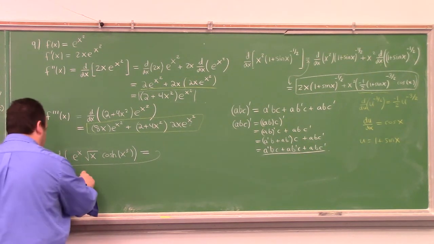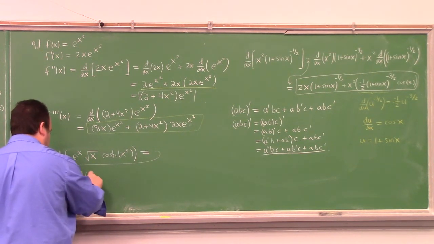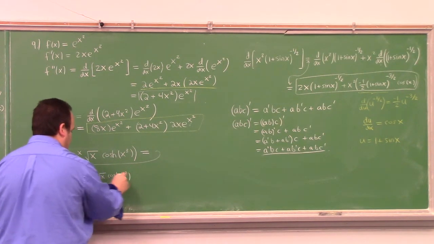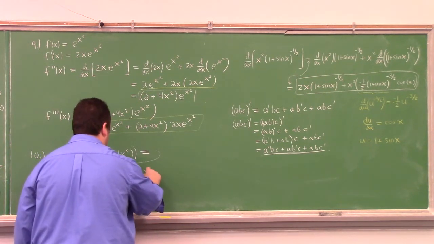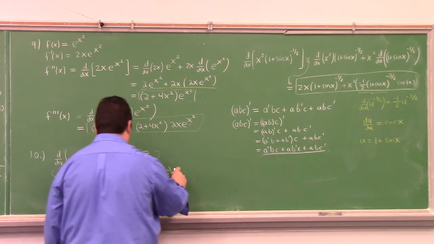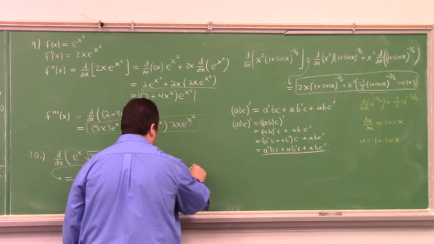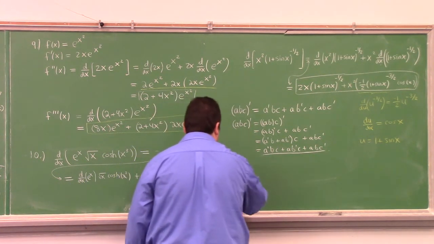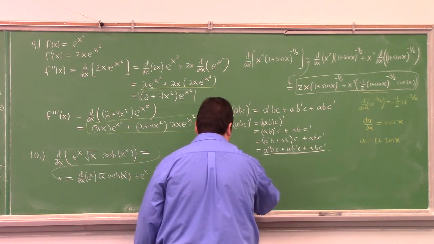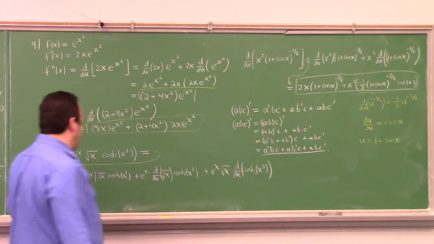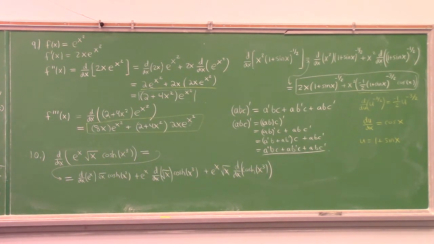So we do d/dx of e to the x times the square root of x cosh of x cubed, which is the derivative of e to the x times root x cosh x cubed, plus e to the x times the derivative with respect to x of the square root of x times cosh of x cubed, plus e to the x root x times the derivative with respect to x of cosh of x cubed. We've got those three terms to deal with using that triple product rule that I just mentioned.